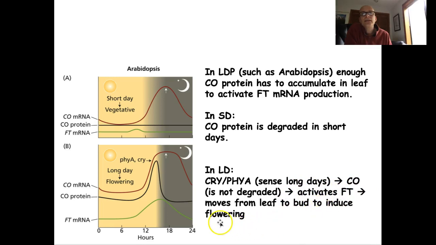It activates the FT in the leaf. The FT now moves from the leaf to the bud, and there it induces flowering. We'll come back to how FT activates flowering in a little bit. But this is the interaction between Constans and FT that is regulated by light-sensing proteins such as phytochrome and cryptochrome.